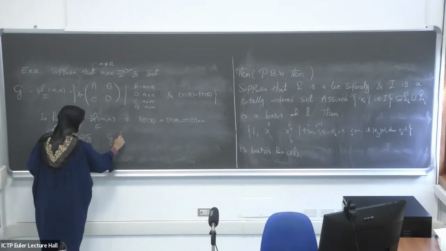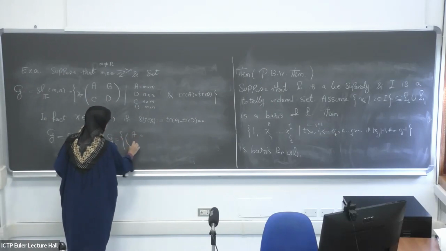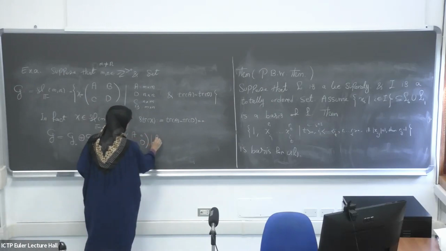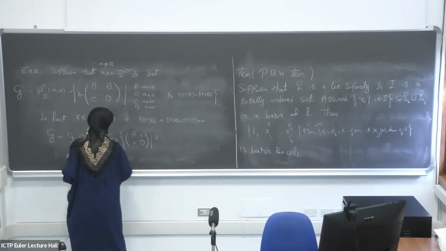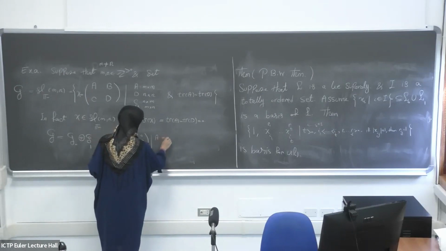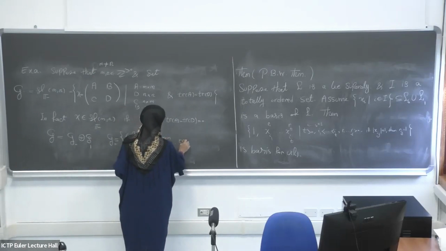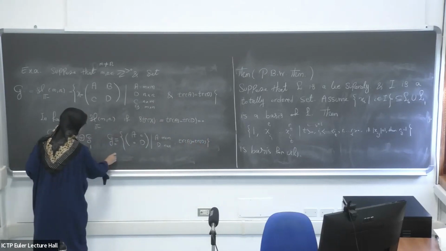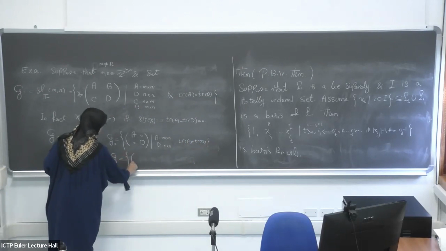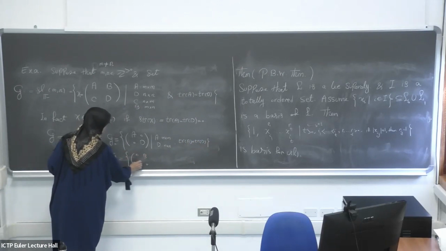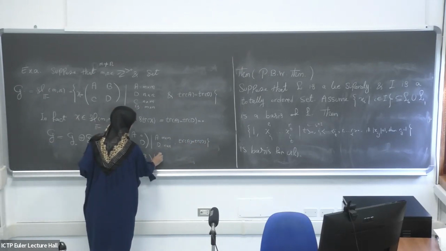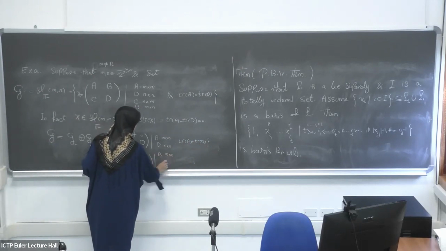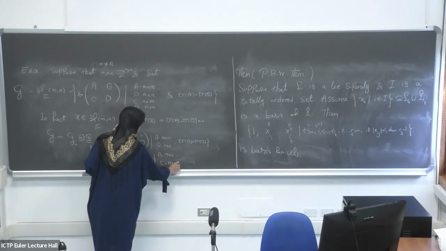G0 is just the matrices A, 0, 0, B, where A is m times m, B is n times n, and trace of A equals trace of B. And G1 is just the matrices 0, B, C, 0, where B is m times n, and C is n times m.